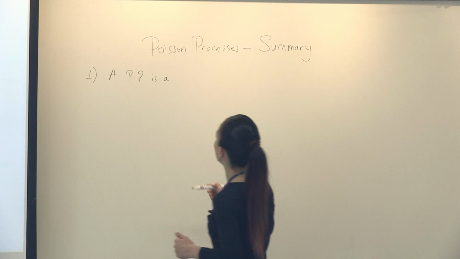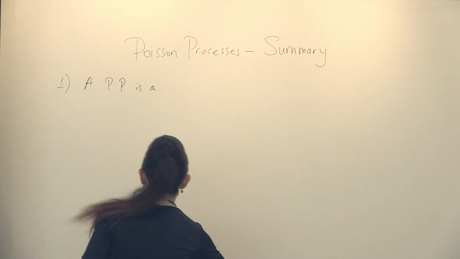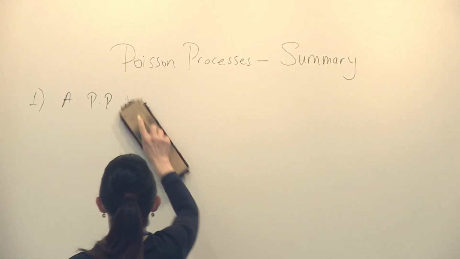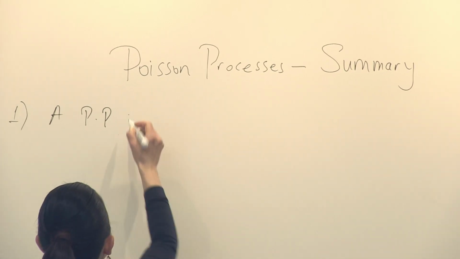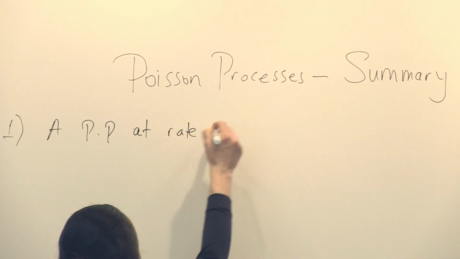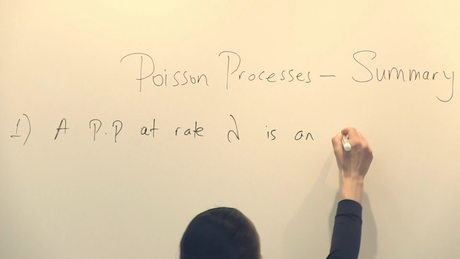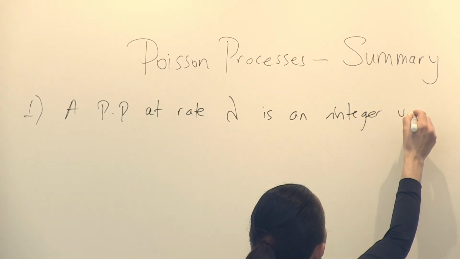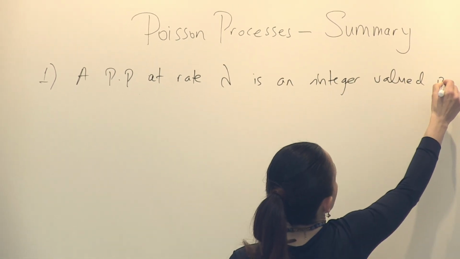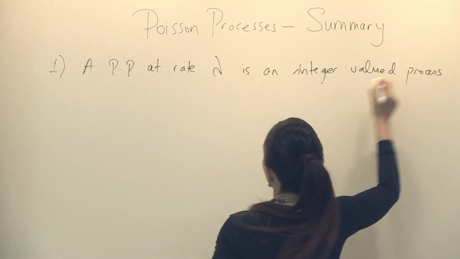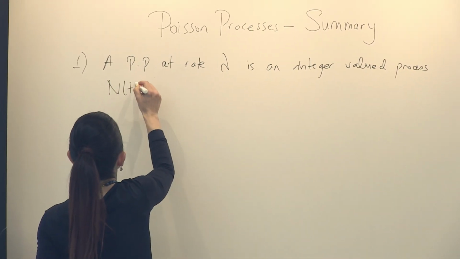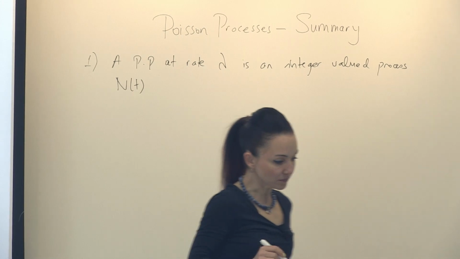So a Poisson process at rate lambda is an integer valued process N of t, right?